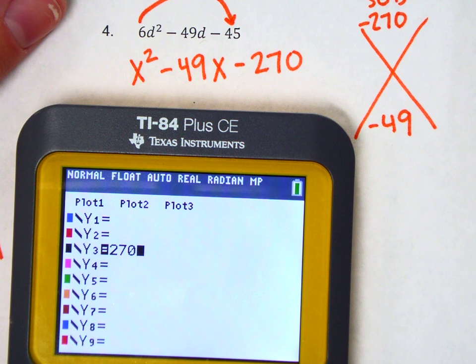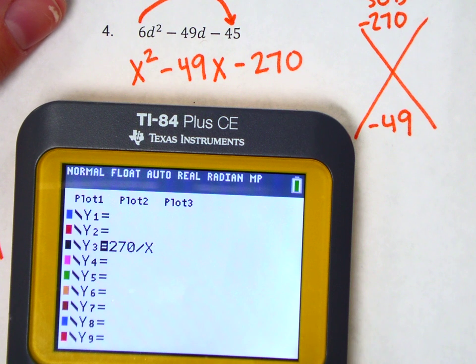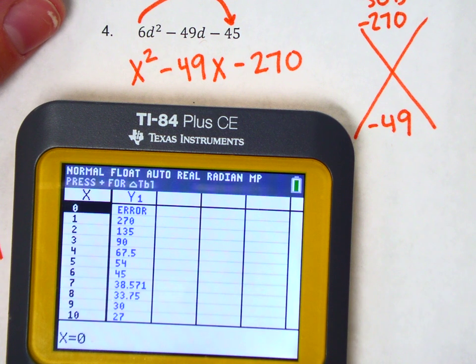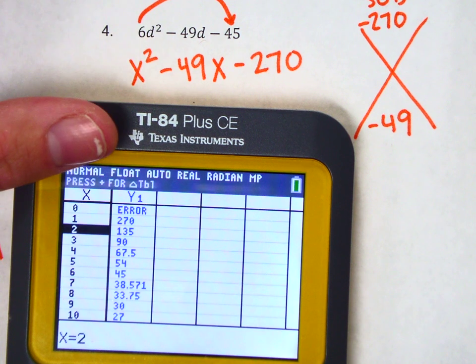So I'm going to type 270 divided by X and go to the table. All right, so subtract to give me 49. I think it's going to be this one, 5 and 54.